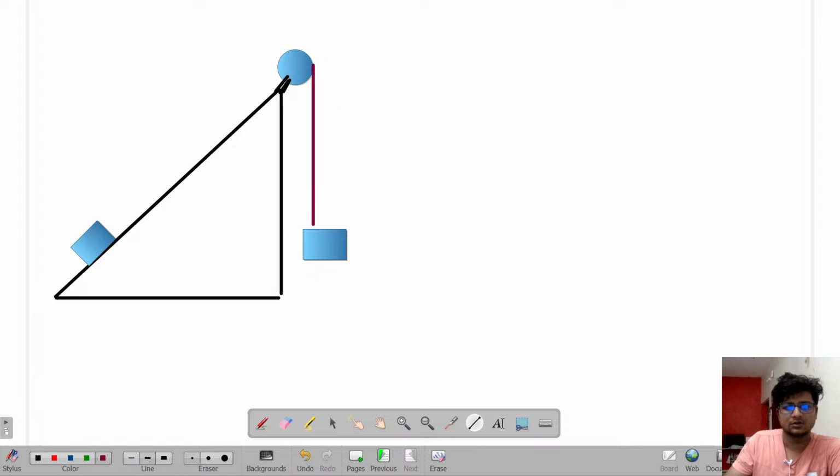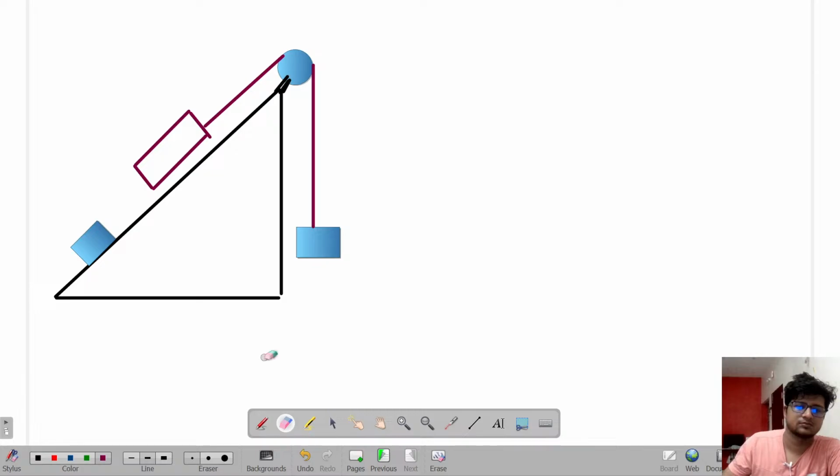Now, this block is attached with this pulley, and this pulley and block are attached with one spring balance. Okay, got it? Clear or not?